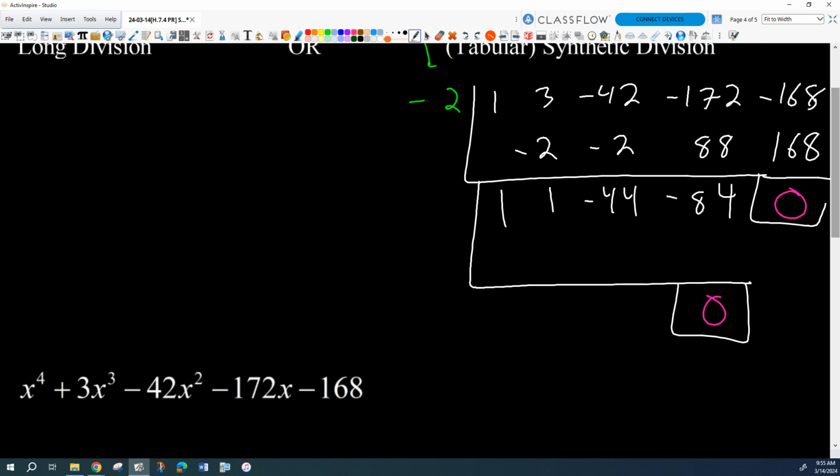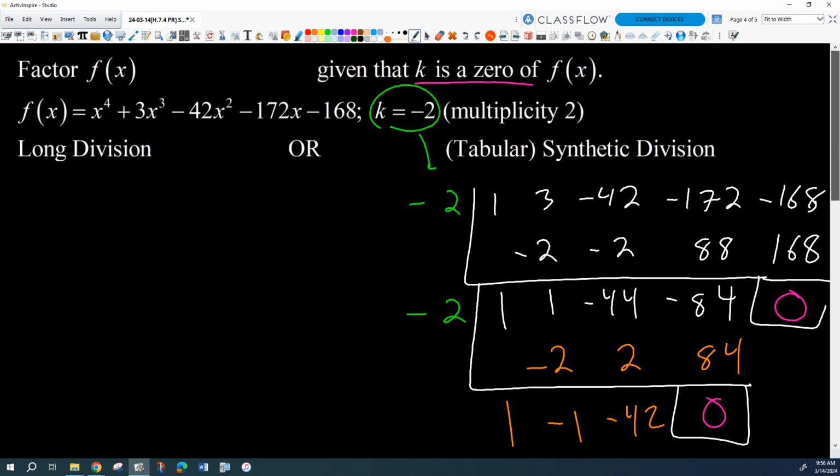So what do I get if I do that? And again, what number goes out front? -2. There we go. What do I get if I do this process? 1, -2, -1, +2, -42, positive 80, 0. So it works, right? Okay, so then that tells me quite a bit, right?